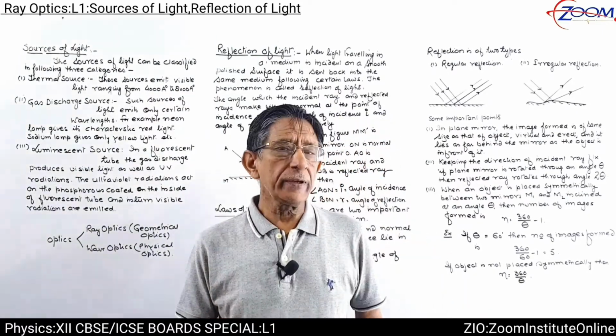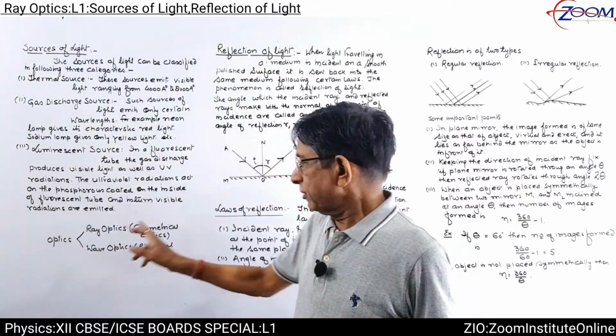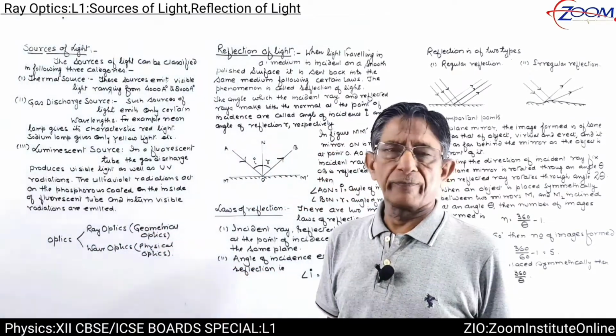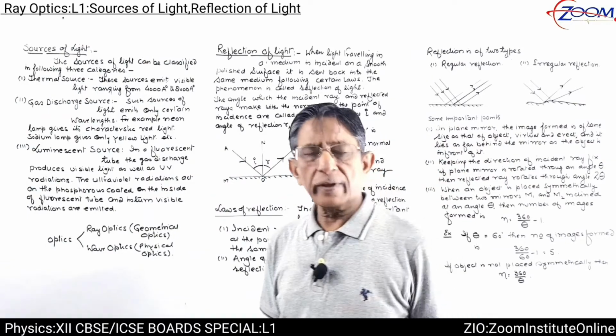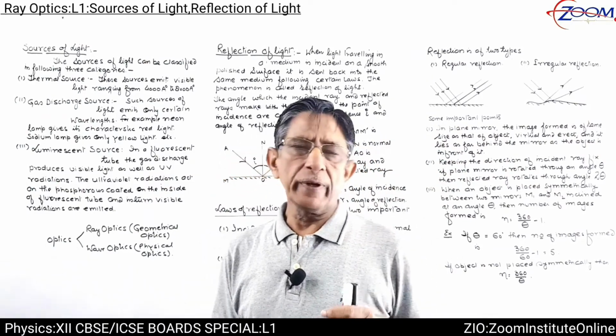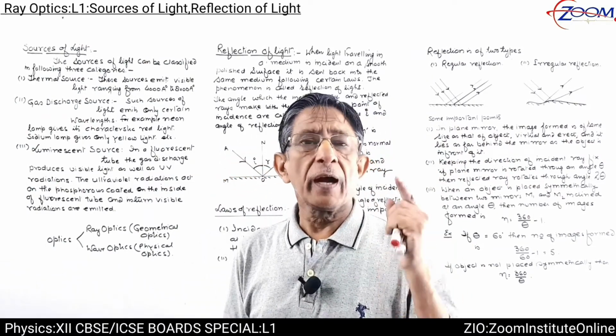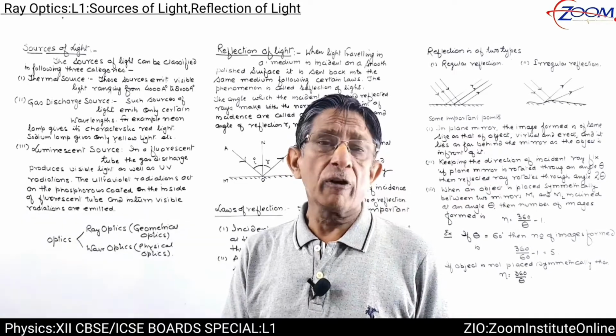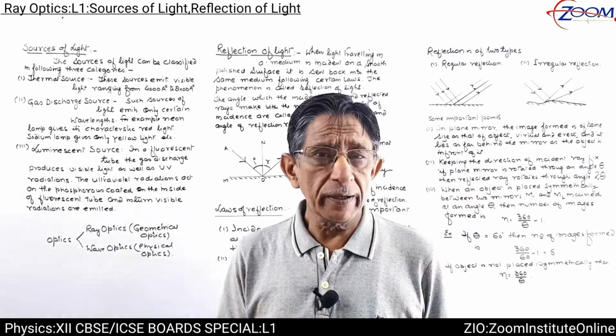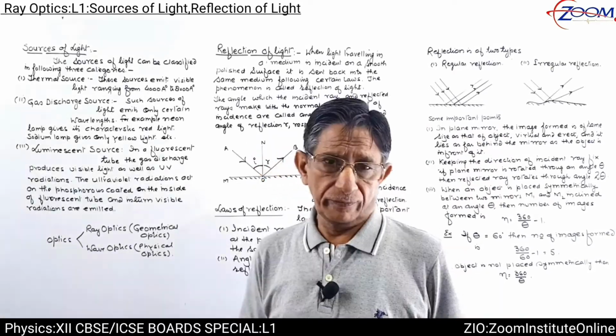Students, ray optics is also called geometrical optics. On the other side, in wave optics, we study about nature of light. What is the nature of light? It is of particle nature, it is of wave nature.